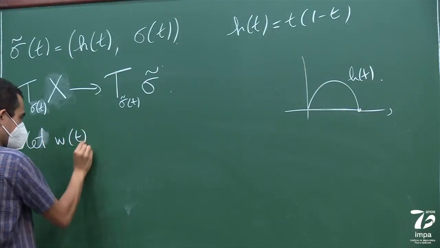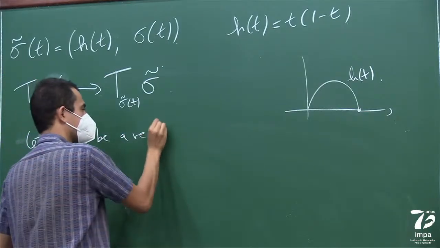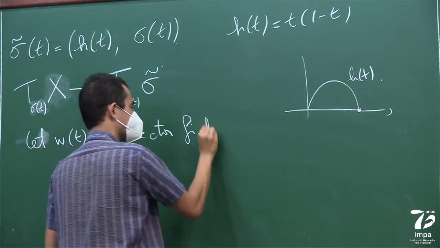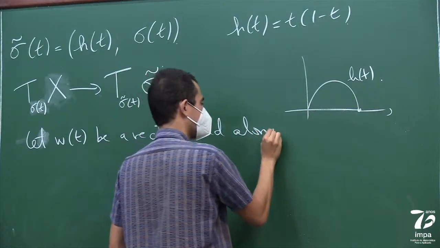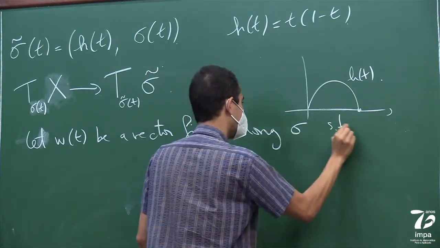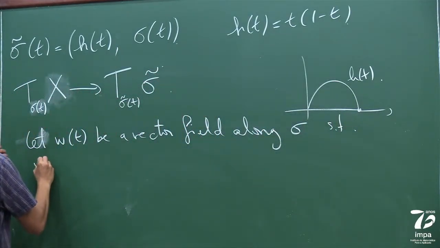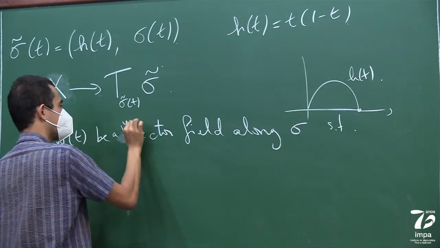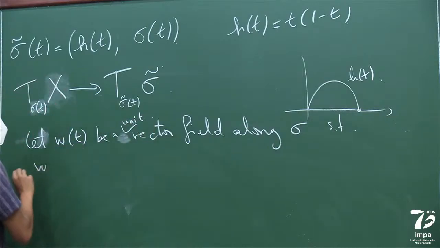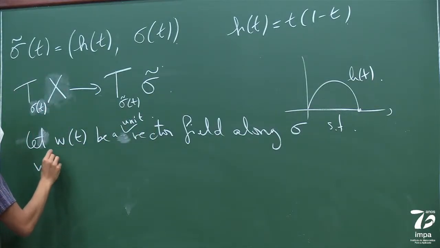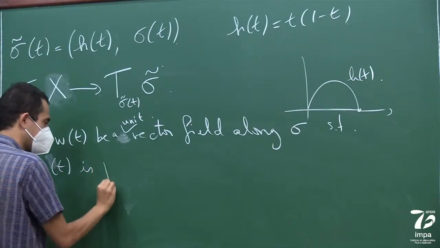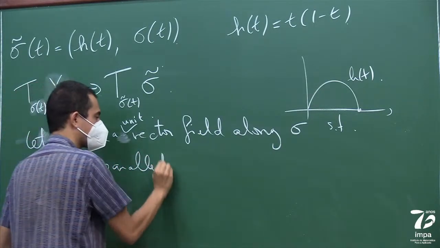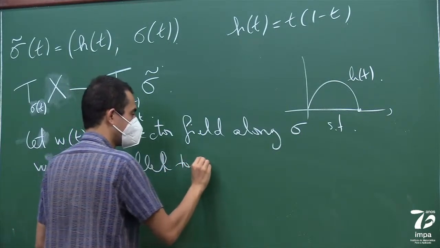So, instead of using sigma prime, what you can do is let W of t be a vector field along sigma, a unit vector field, such that W of t is always parallel to sigma prime.